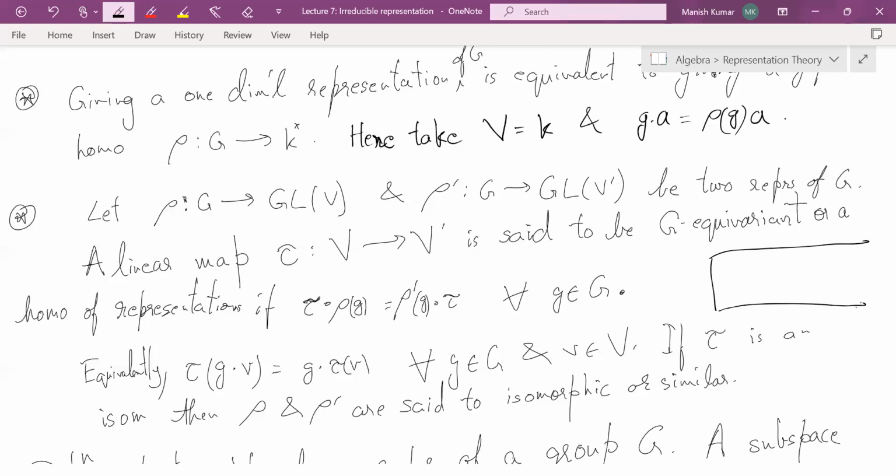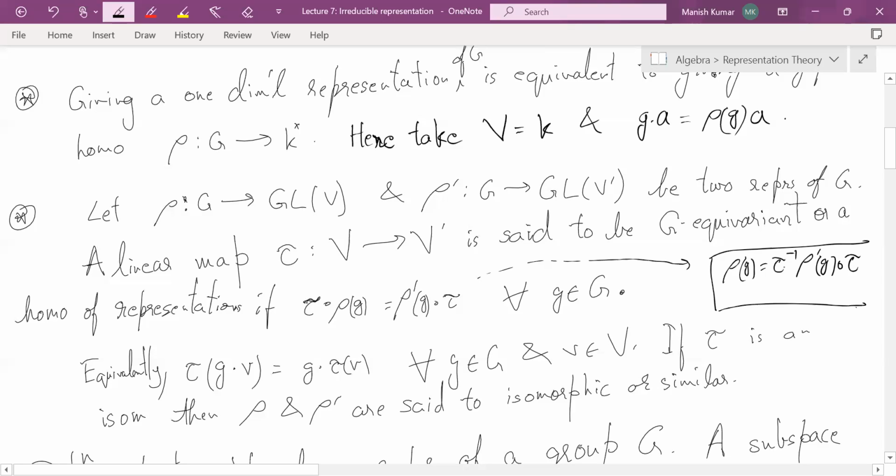So in terms of basis, this relation translates to rho G is tau inverse composed with rho prime G composed with tau.